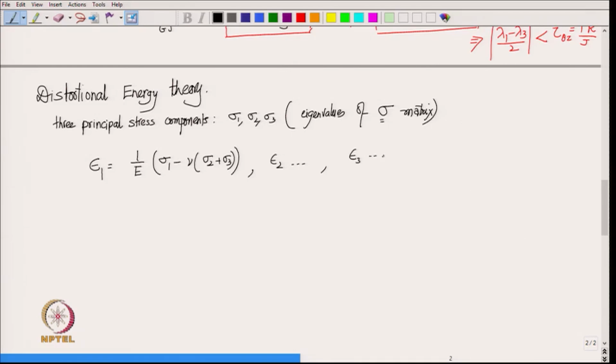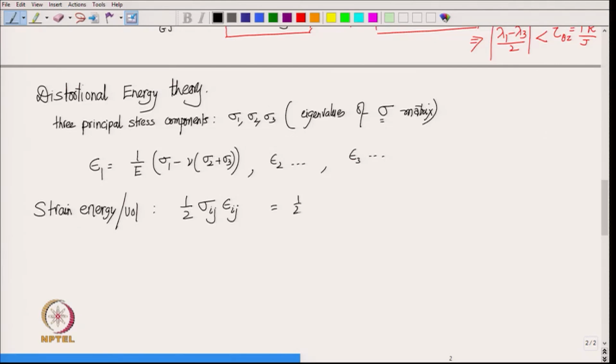Now, what is the total energy? What is the elastic energy at any point? The energy per unit volume. Okay. So, strain energy per unit volume, we have seen that this is nothing but half of sigma ij into epsilon ij, and then in the coordinate system of principal stress, sigma ij has got only sigma 1, sigma 2, sigma 3.